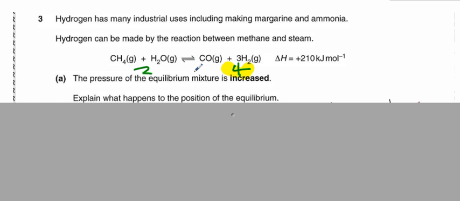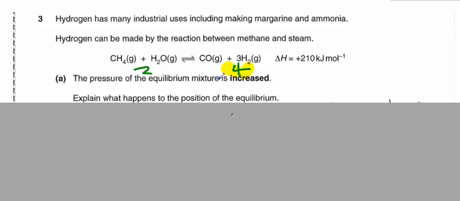So with an increase in pressure, Le Chatelier's principle states that if you impose a change on a dynamic equilibrium, the equilibrium will move to minimize that change. Here, the way the system can minimize a change in pressure is to produce fewer molecules, that will lower the pressure because there are fewer molecules to bash into each other.